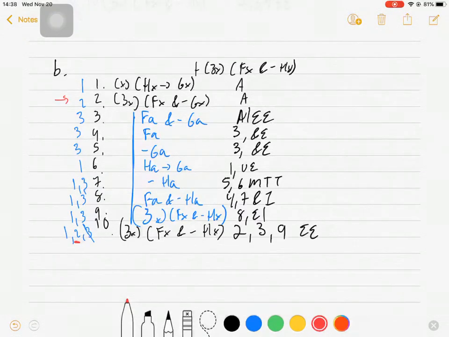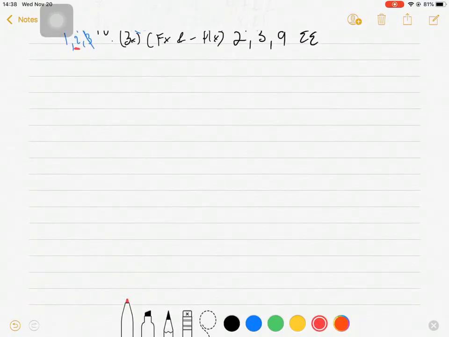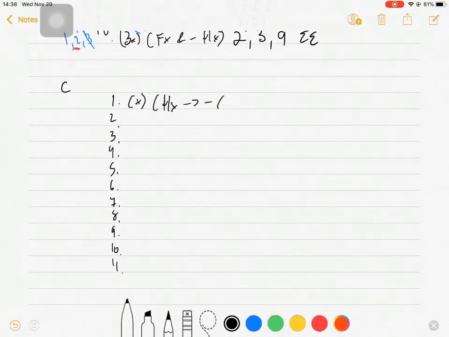Let's go ahead and do C. C has the exact same goal as before. This one should take 11 lines this time. Our start is the universal claim and our existential claim.